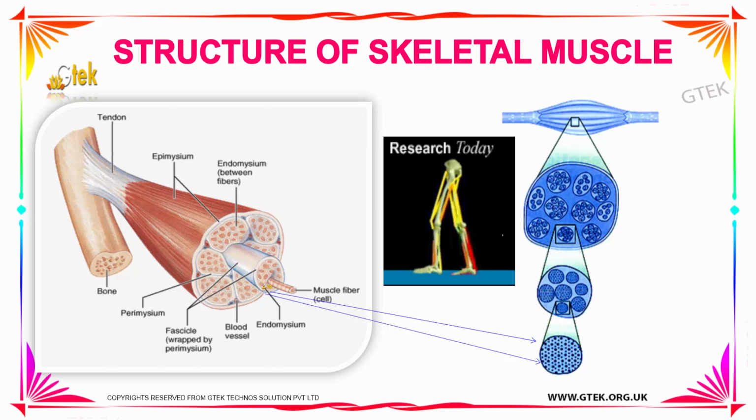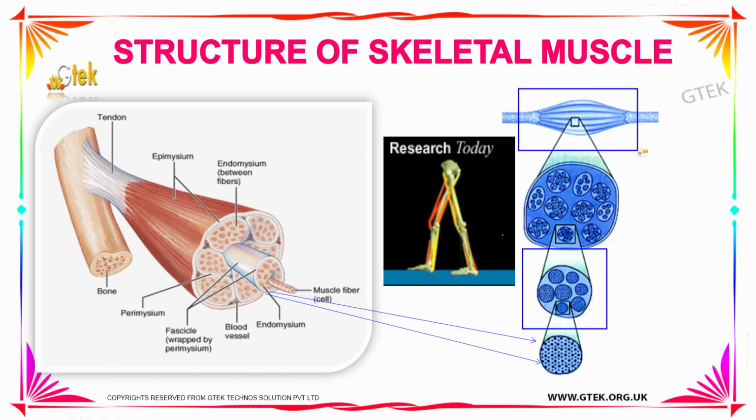The skeletal muscle, as you can see on microscopic view, has the appearance to be like this. So your muscle, on magnification you get the image like this, and magnifying this portion you get the image like this, which on further magnification you get the muscle fibers of the skeletal muscle like this.